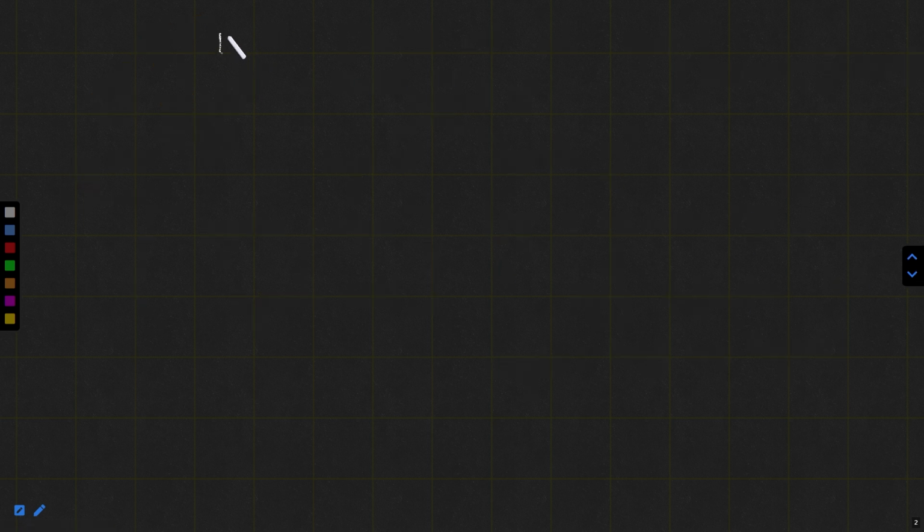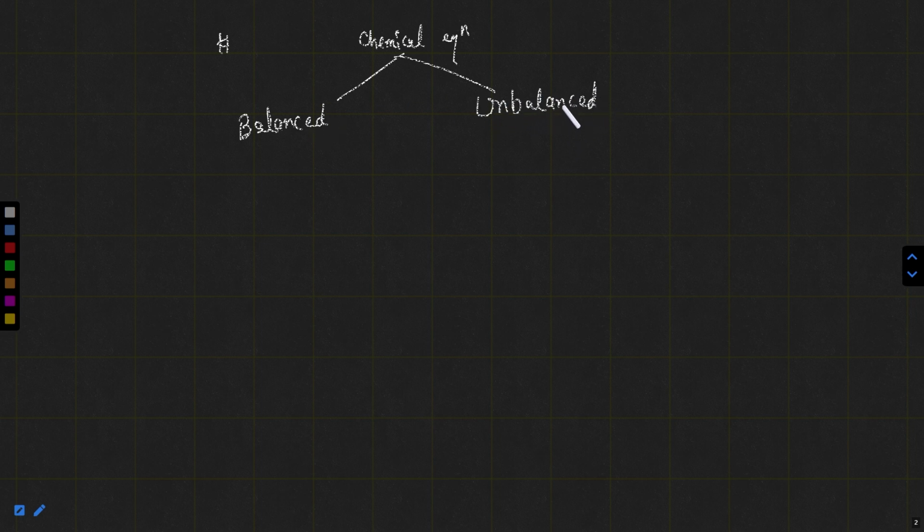After that, if you have written the chemical equation on paper, it should be balanced. So there are two types of chemical equation: one is a balanced chemical equation, and another is unbalanced. An unbalanced chemical equation is also named a skeletal chemical equation, that means it is not balanced.